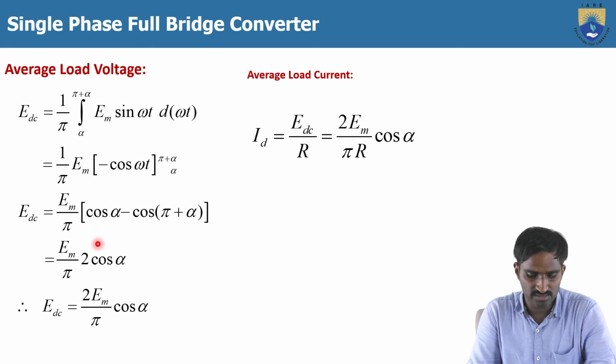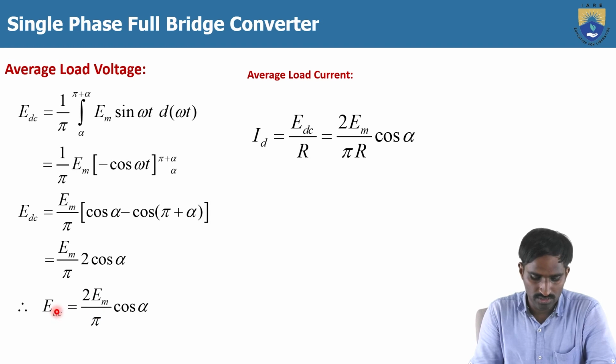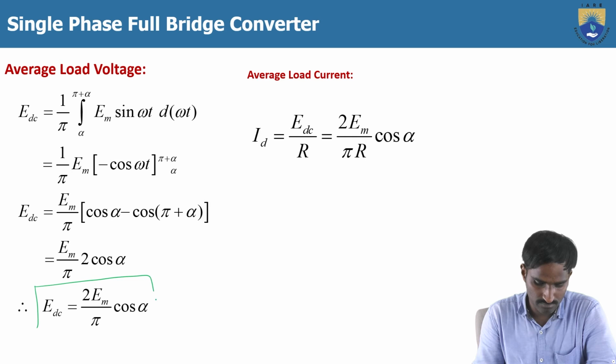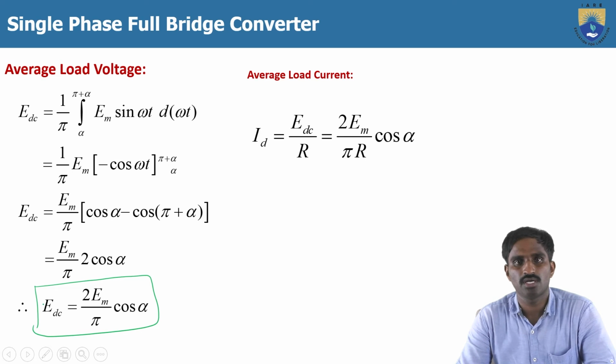Then if you simplify this, cos pi plus alpha is minus cos alpha, so minus cos alpha of minus cos alpha, minus plus cos alpha, then Em by pi into 2 cos alpha. So then the EDC is equal to Em by pi into cos alpha.